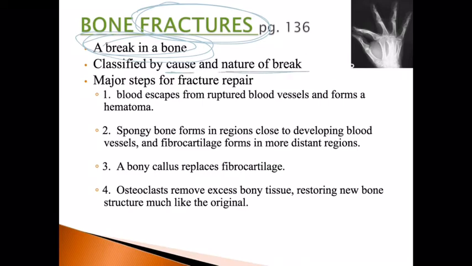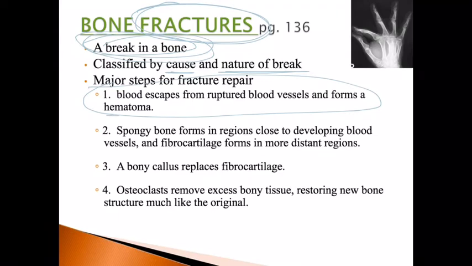So there are some major steps for fracture repair. The first one is that blood escapes from the blood vessels and forms a hematoma. Hemat means blood. Oma means tumor, so hematoma together is a blood tumor. So basically blood comes and forms a little blood tumor over the area.